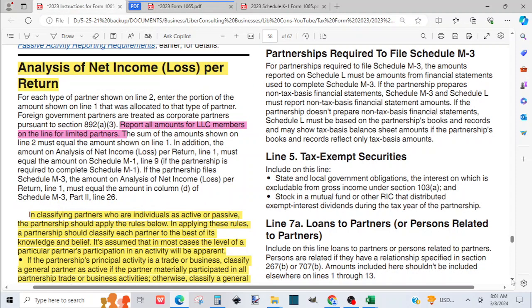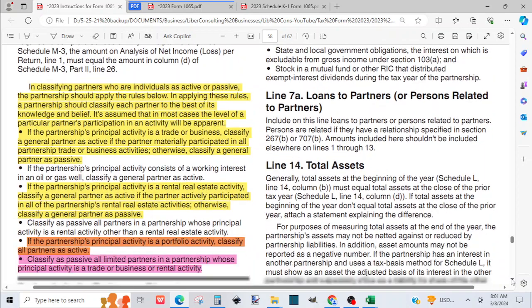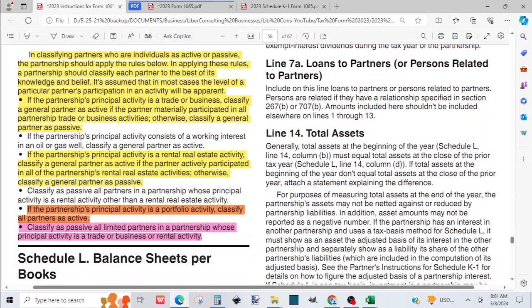So they continue and say that classify as passive all limited partners in a partnership whose principal activity is a trade or business or rental activity. It's kind of confusing.